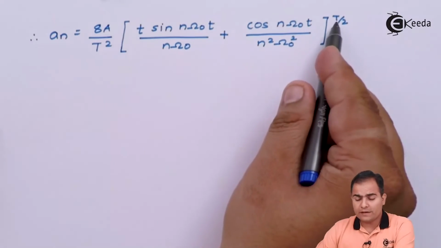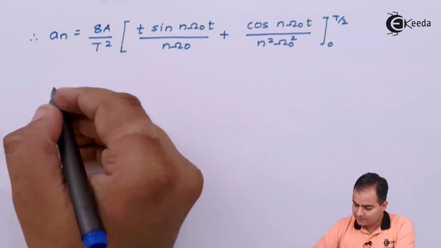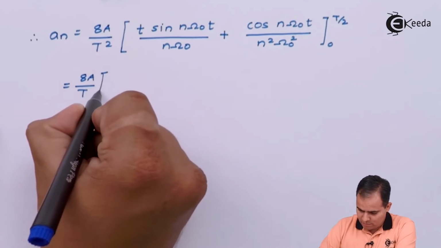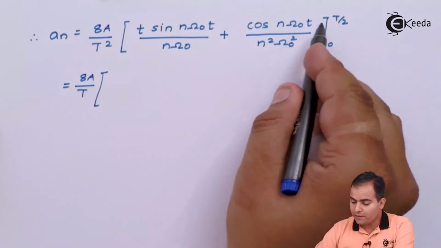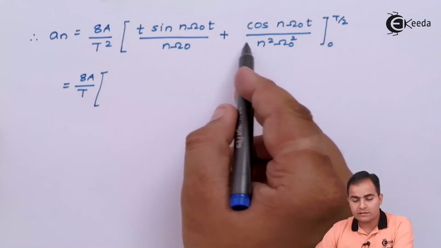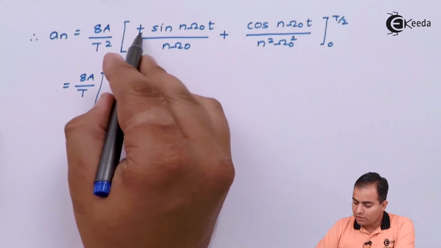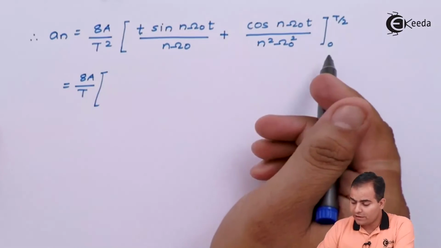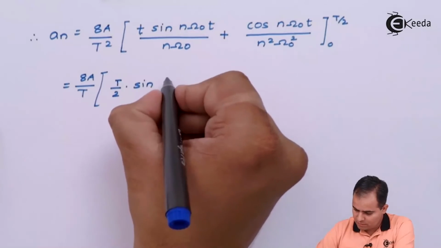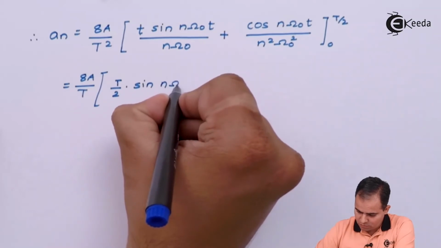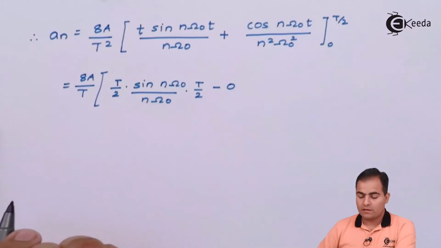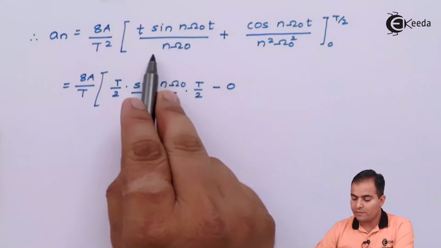Now we will substitute all the upper limit and lower limit in these two parts. So first of all, we will substitute upper limit and then lower limit in this first part, and then we will substitute upper limit and lower limit in second part. So all these t is first of all replaced by T by 2 and then later on 0. Now if I substitute t is equal to 0, so whole term replaced by 0.